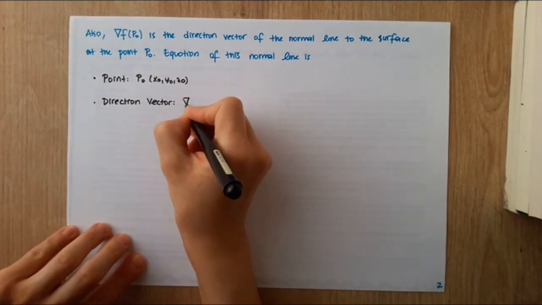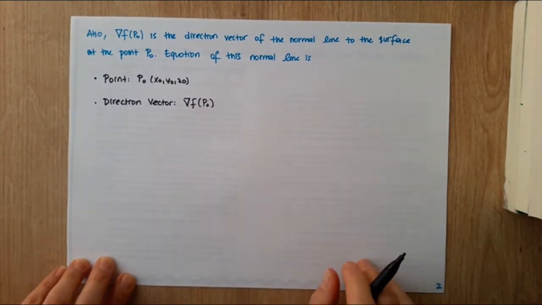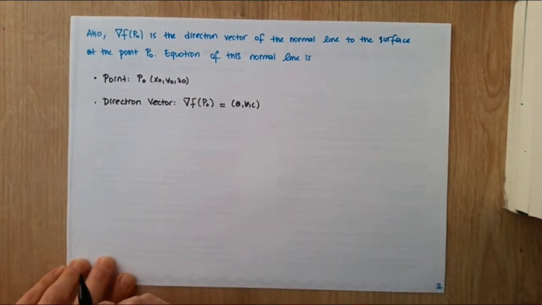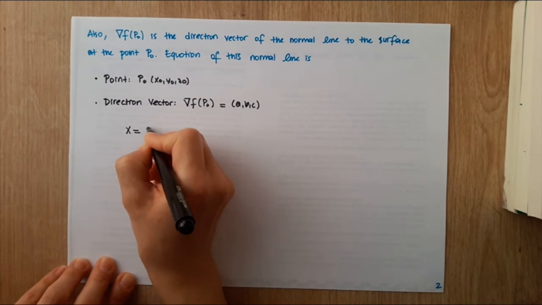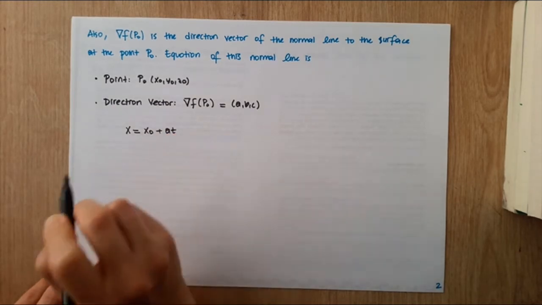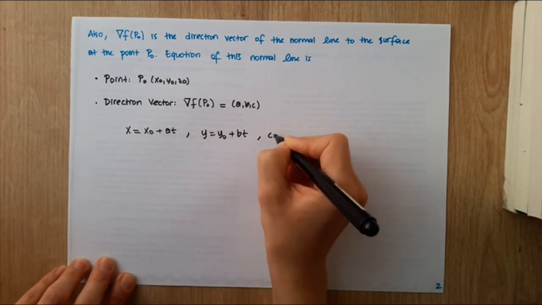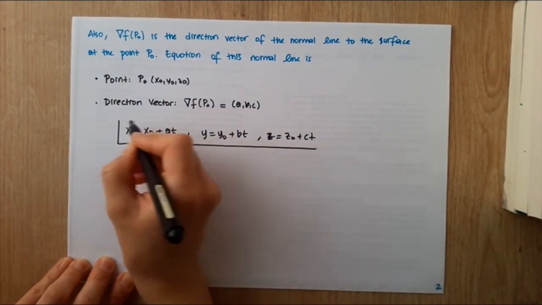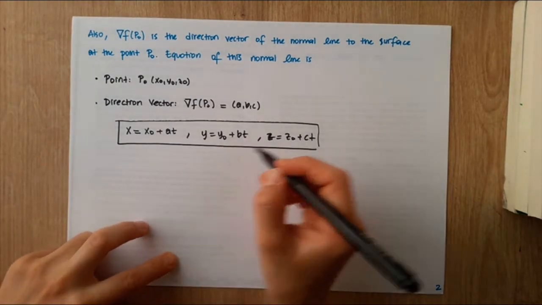So I can directly take this gradient vector as a direction vector for this line. So here I have A, B, and C components. So, as we know, the parametric equation of this line can be written as x equals x0 plus at, right? y equals y0 plus bt, and z equals z0 plus ct. So this is the equation of the normal line to the surface at the point p0. Okay.